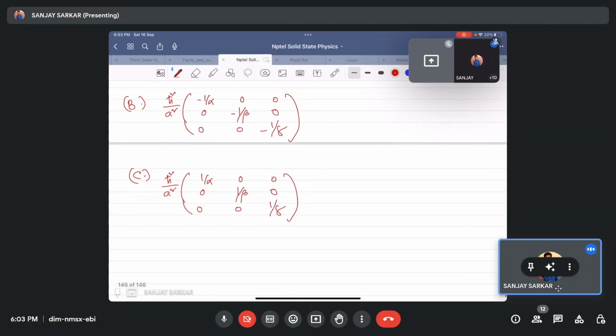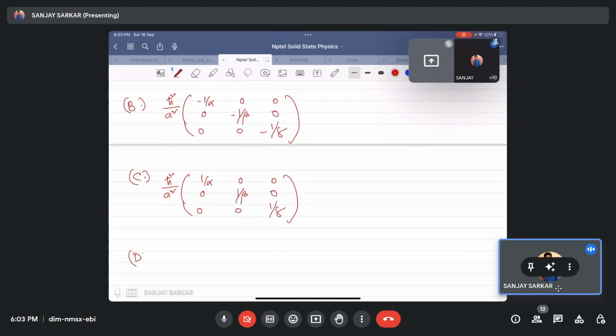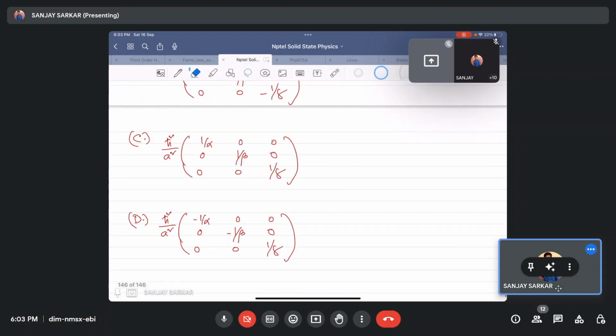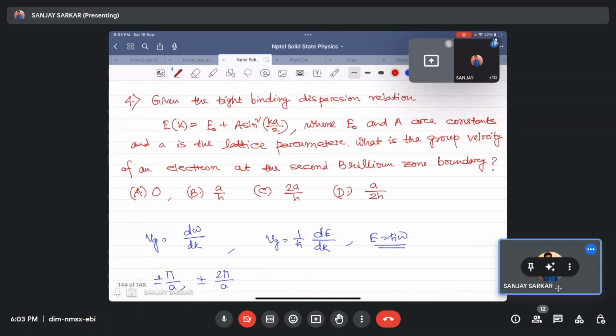And finally option D is h bar square by a square. Here also this is 1 by alpha, 1 by beta, and minus 1 by gamma. So first calculate this problem and then we will go to the group velocity problem.